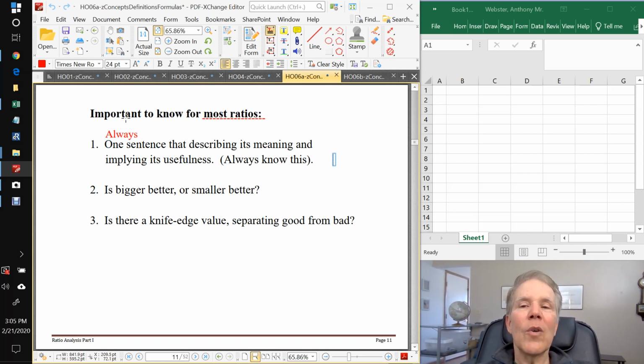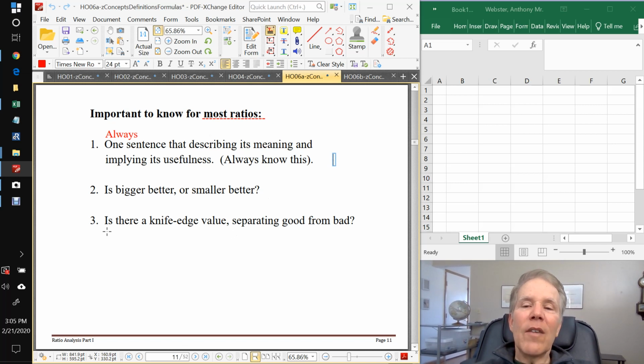Every ratio that I've emphasized, you need to understand that. And is bigger better or smaller better? I've said many times in class how to do that. Just hold the denominator constant. Ask yourself, if the numerator increases, is that a good thing for the company or a bad thing? So that's how you answer that question.